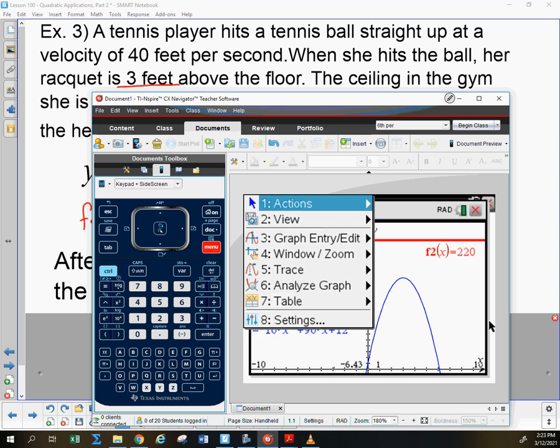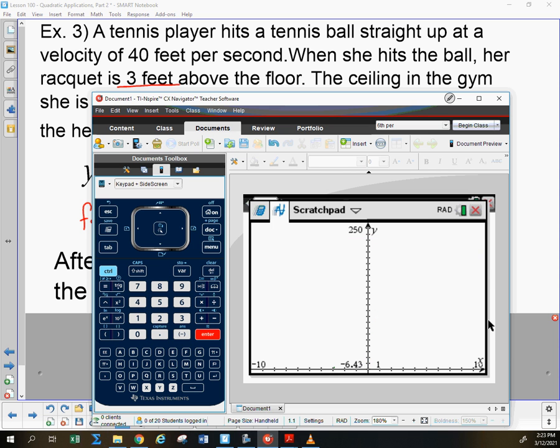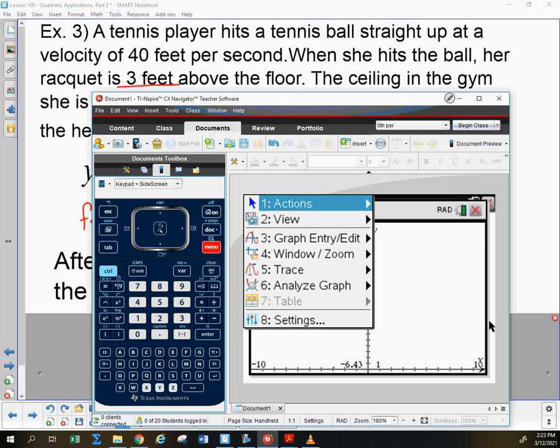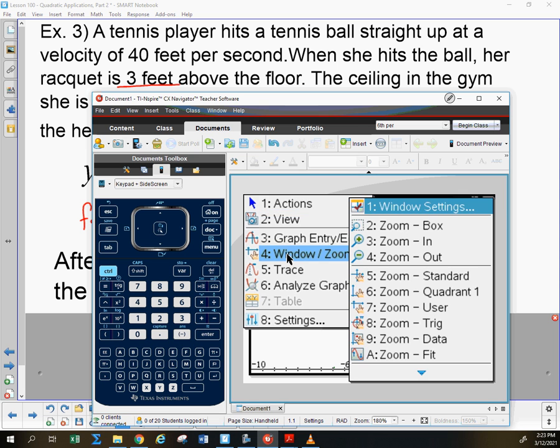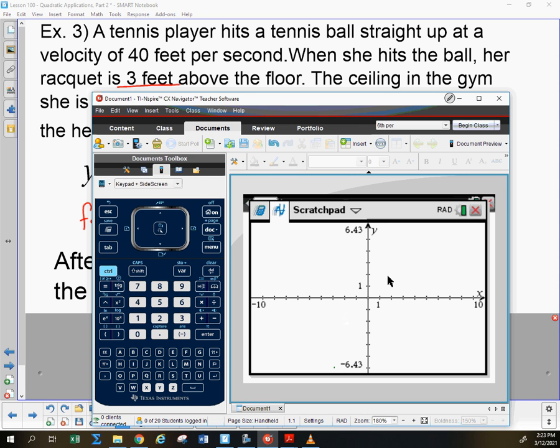So menu, 1, 4, yes. Menu, window, standard, choice 5. 2 equations.